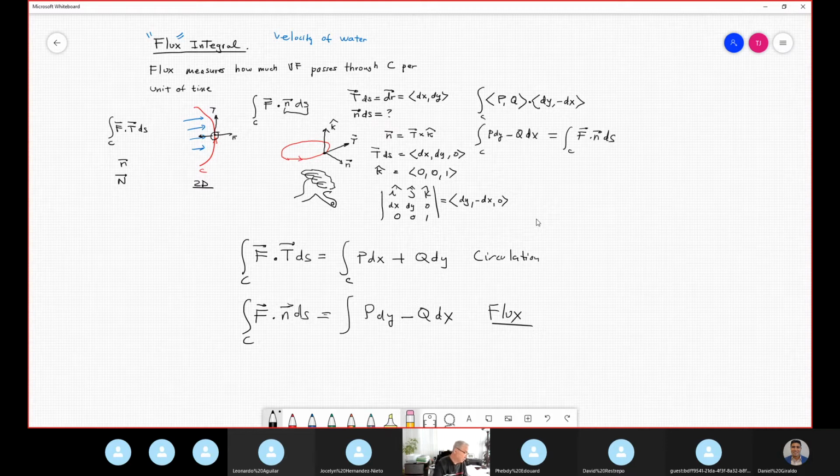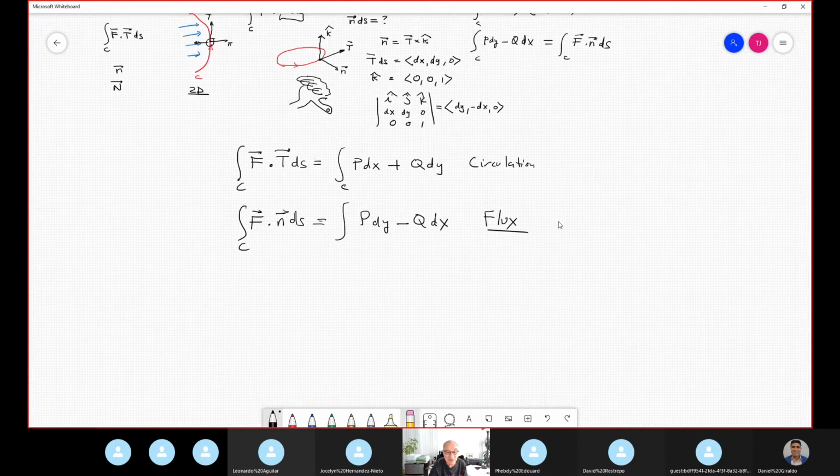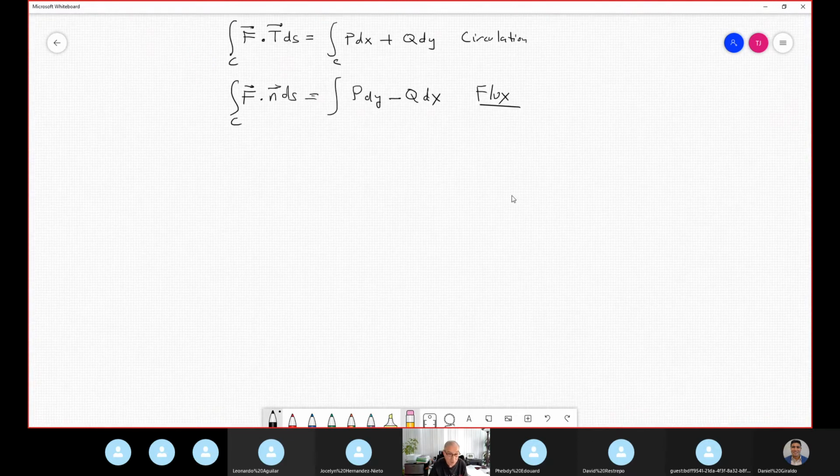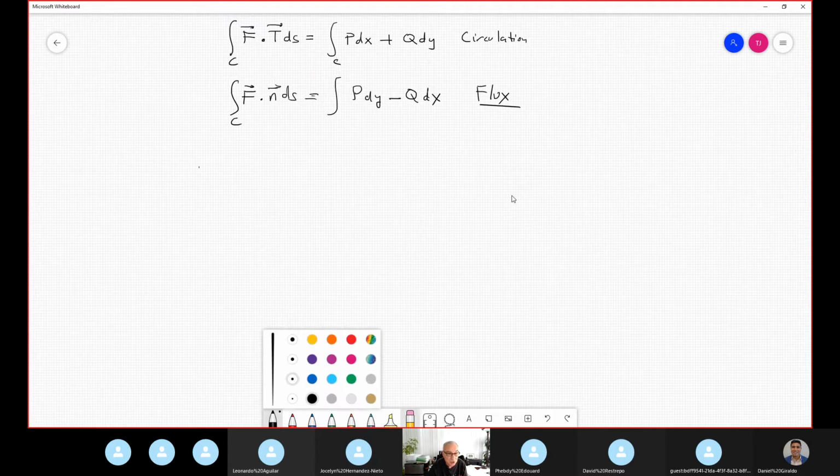Let me try to do one example of the flux. And we are doing exactly this to understand the meaning of this, the classical example. Suppose I come back to this example that I like so much, example number 5 today.